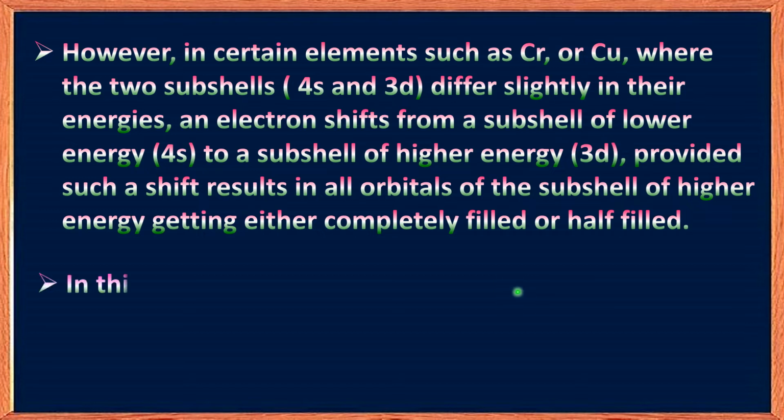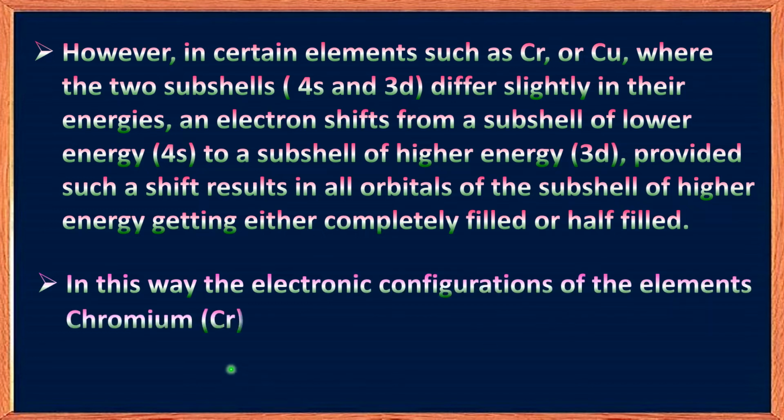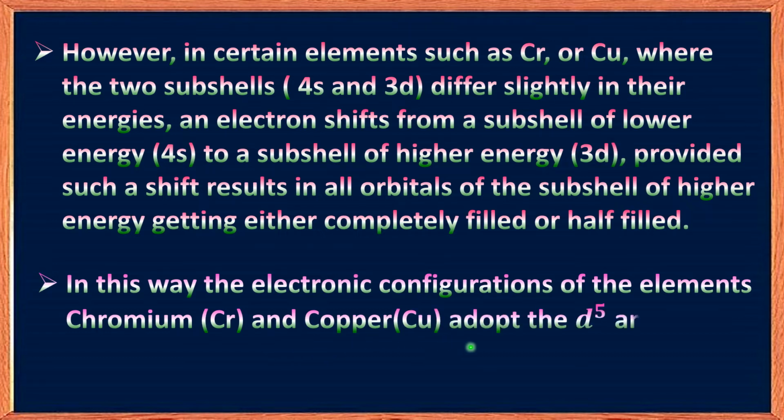In this way, the electronic configurations of the elements chromium Cr and copper Cu adopt the d5 and d10 configurations. d5 means half filled d orbitals. d10 means completely filled d orbitals. So chromium will get the d5 configuration by shifting an electron from 4s to 3d.